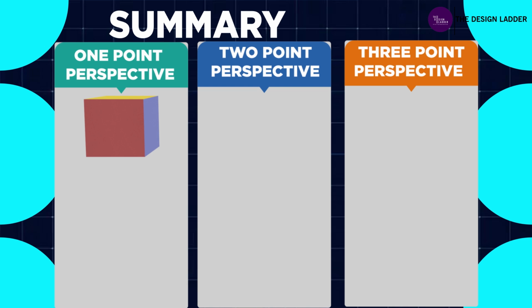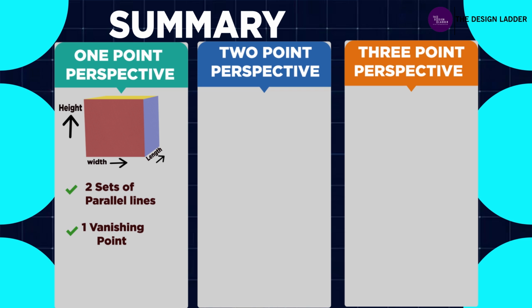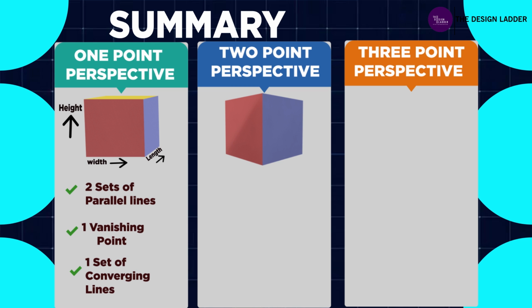In 1-point, one face is completely facing the viewer and has 2 sets of parallel lines. That means the width lines and the height lines are parallel and the length is converging to one vanishing point. So that means 2 sets of parallel lines and 1 set of converging lines. In 2-point perspective, no face of the object is exactly facing you. Only the edge of that object is facing the viewer. And the side edges are always parallel to the center edge.